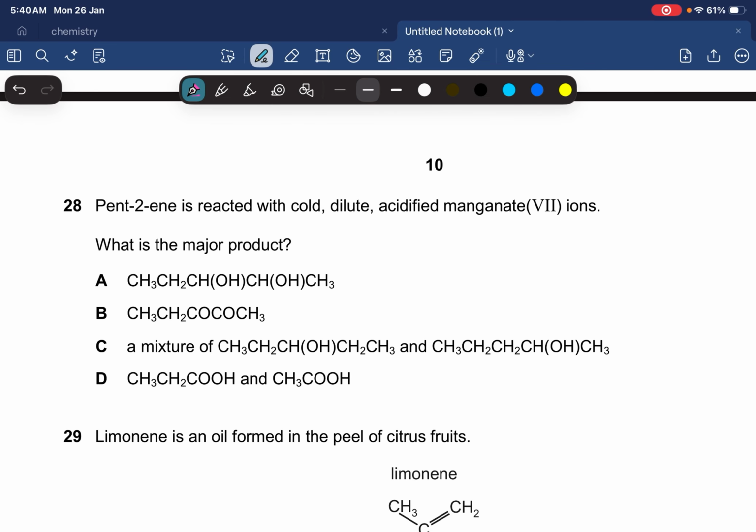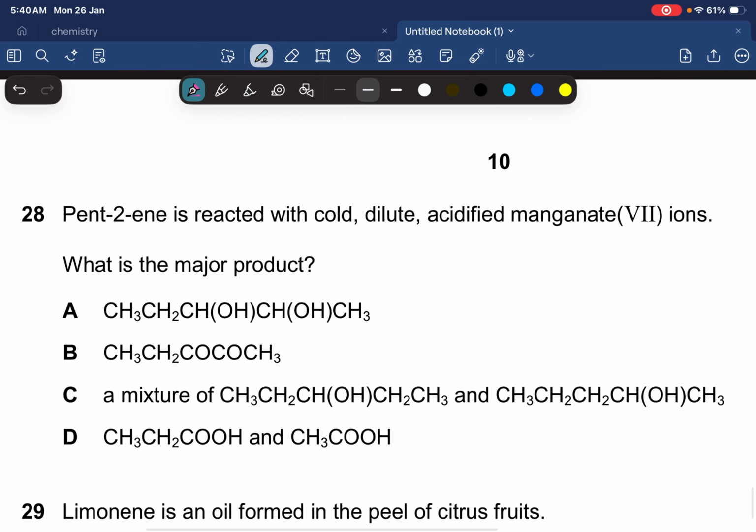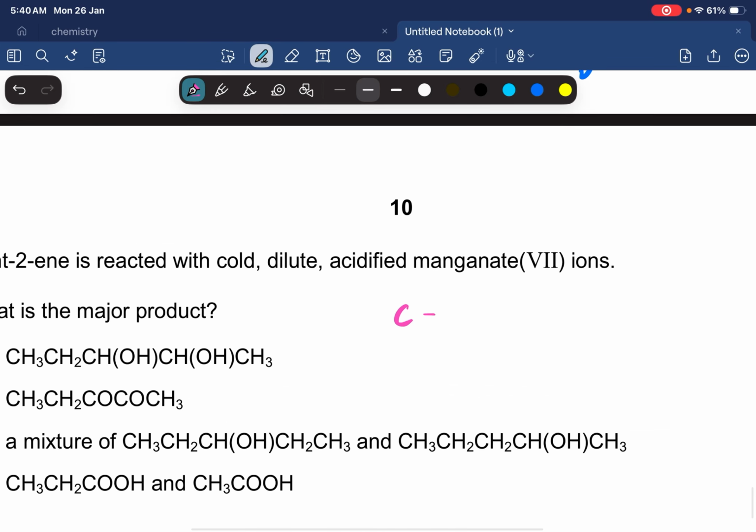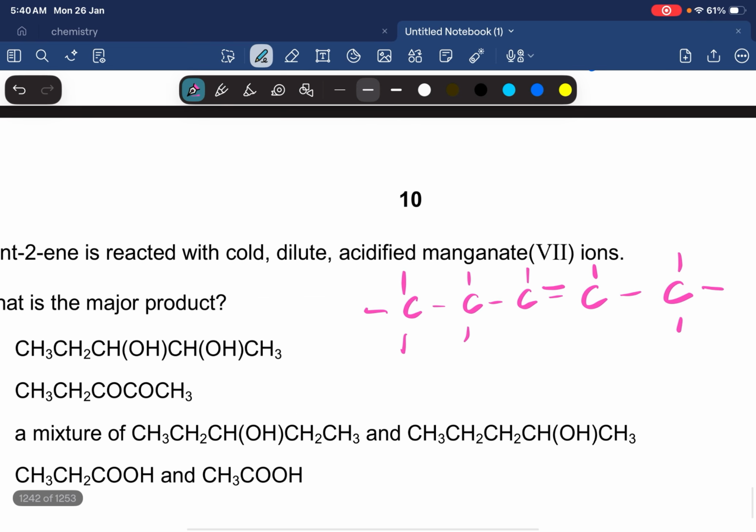Pent-2-ene is reacted with cold dilute acidified manganate ions. What is the major product? So pent-2-ene, 1, 2, 3, 4, 5, pent-2-ene like this. It's made to react with cold dilute acidified manganate ions.